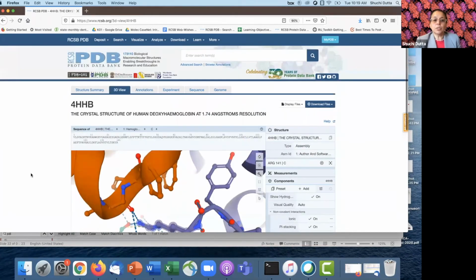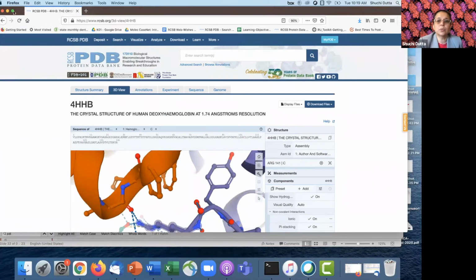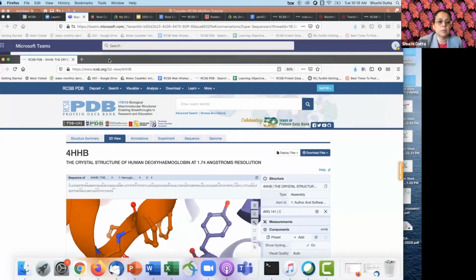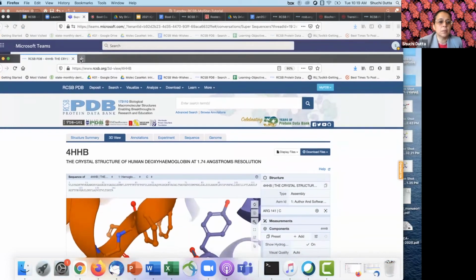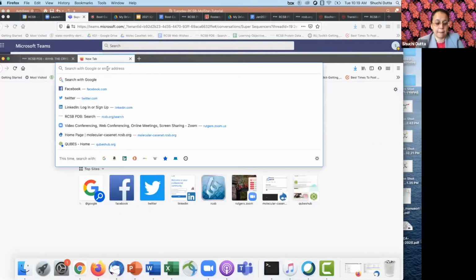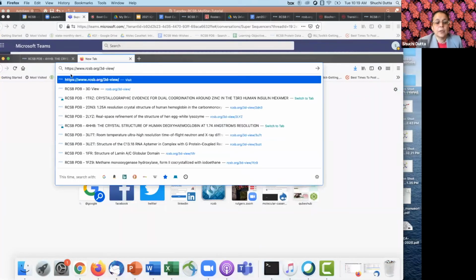So in order to do the superposition, we will actually need to see this. I'm going to open another window. And we need to go to this link. So it's that same link without the 4-HHB.